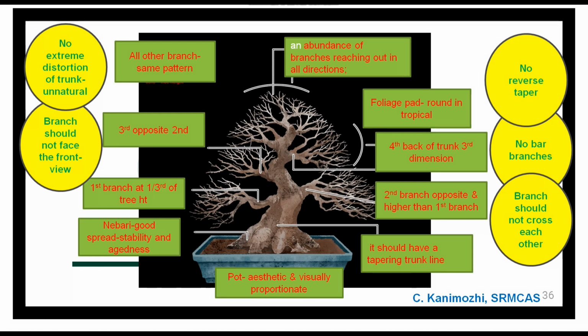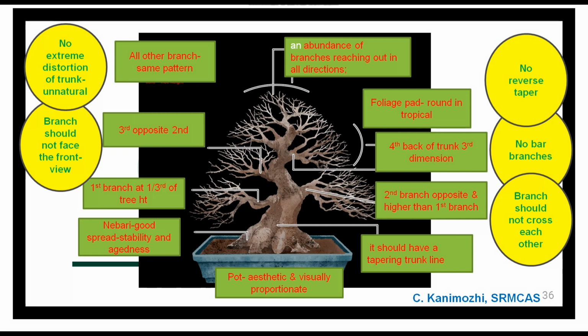Visualize that this is the bonsai plant in your pot. You could see the nebari, which is very well spread and very stable, and look at the age. This nebari should have a tapering trunk line. The pot should be aesthetic and visually proportionate.